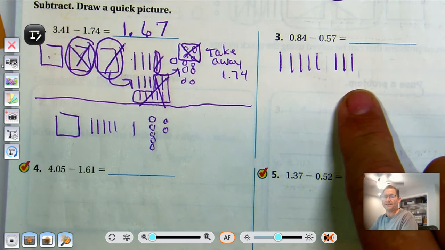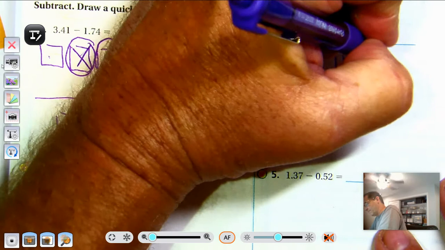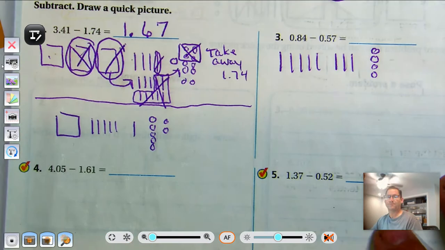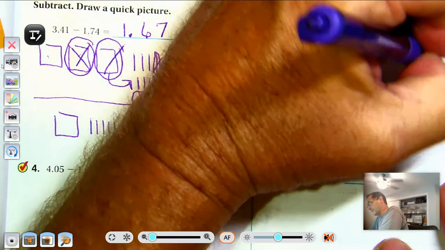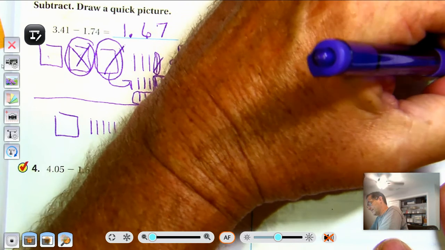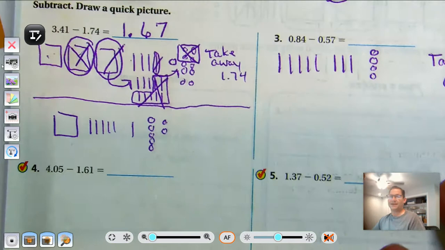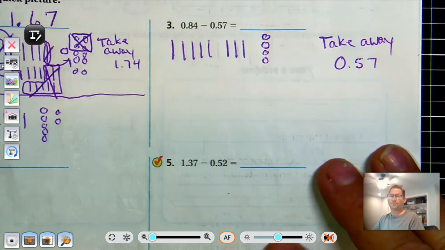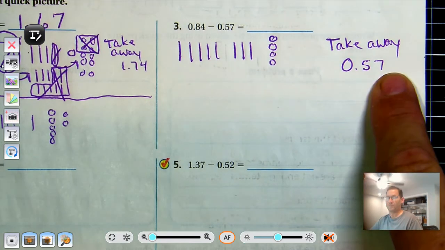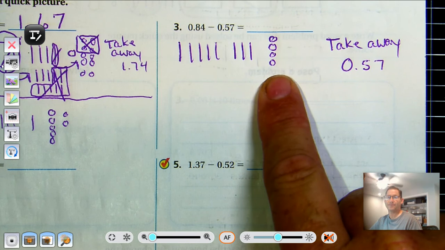So if we have 8/10, we have 4 hundredths. And we have to take away 57 hundredths. Well, let's start with the hundredths. Do we have 7 hundredths to take away? No, I can only take away 4.